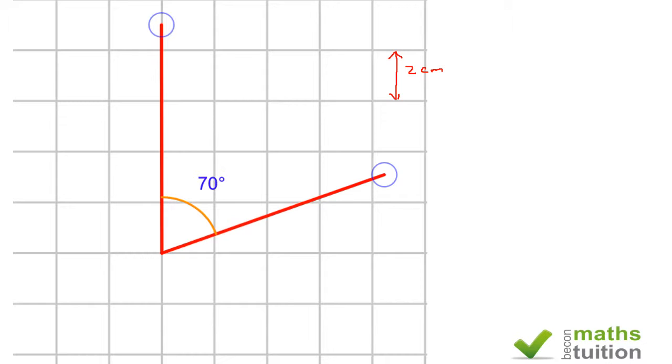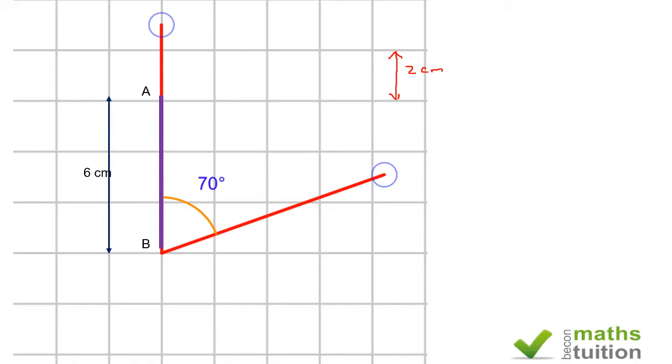On that line I'm going to have my A and my B. So from A to B should be 18 divided by 3, and that should be 6 centimeters there.